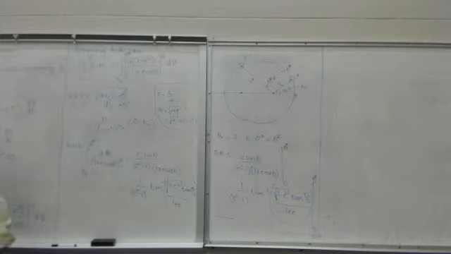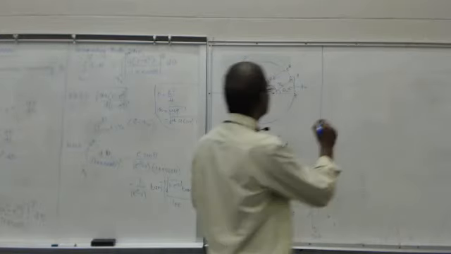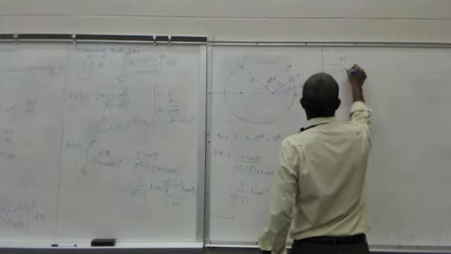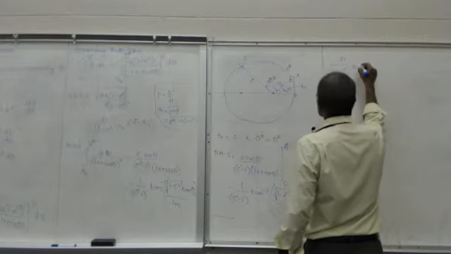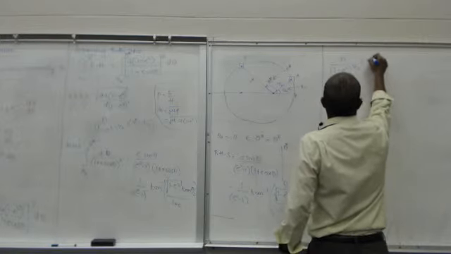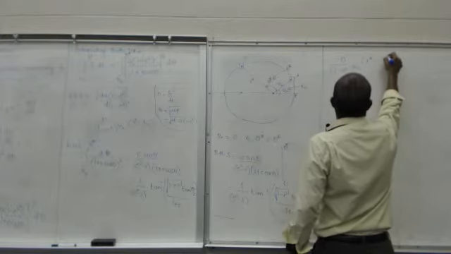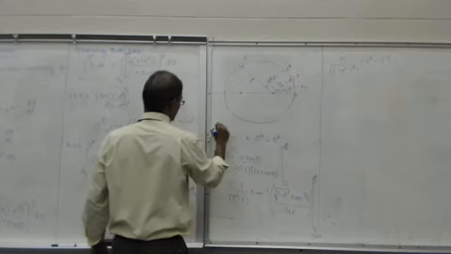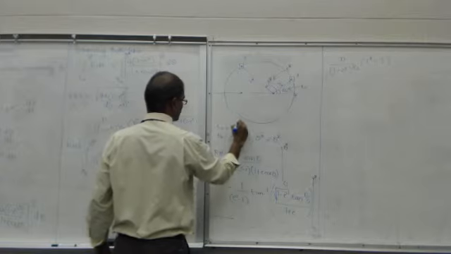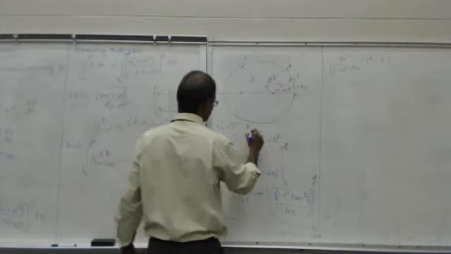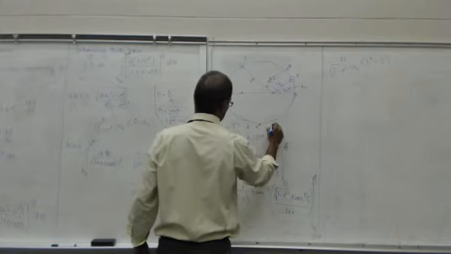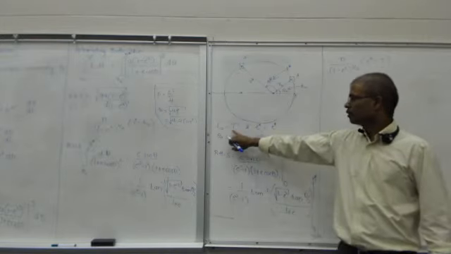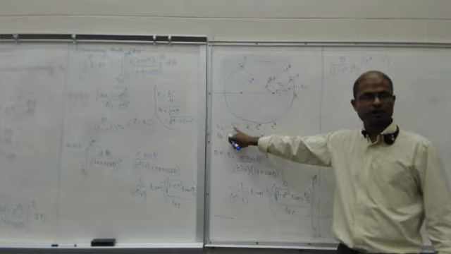So what you're going to end up with is n over 1 minus E square to the power 3 over 2, into T star minus T. We're going to use capital T to represent T naught, okay?